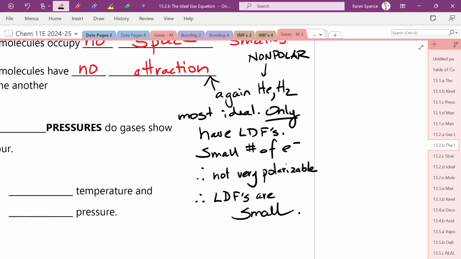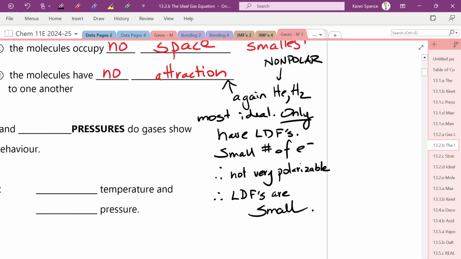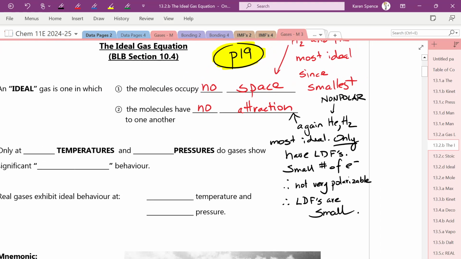Water is small, but it's got those hydrogen bonds, which make it kind of sticky. So it would not be super ideal. Yeah, that's basically it. When things get really unideal, they start turning into liquids.